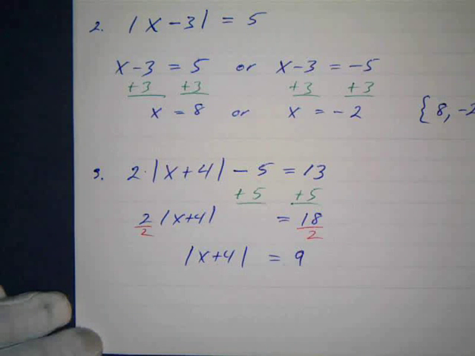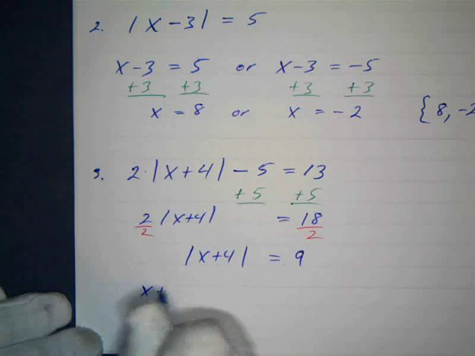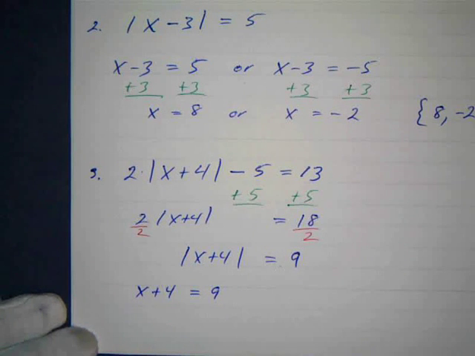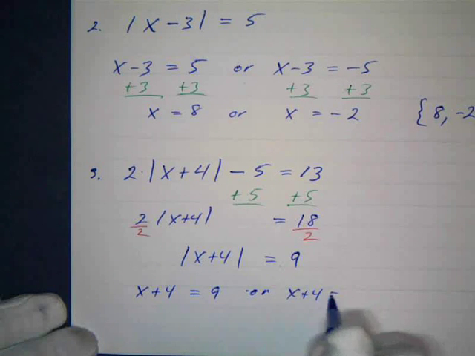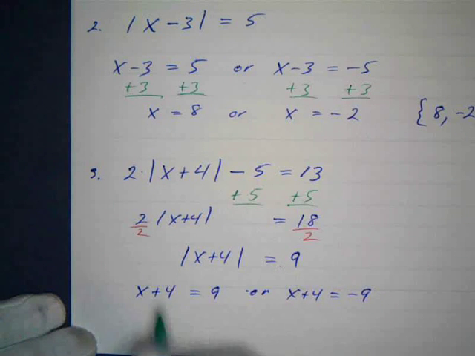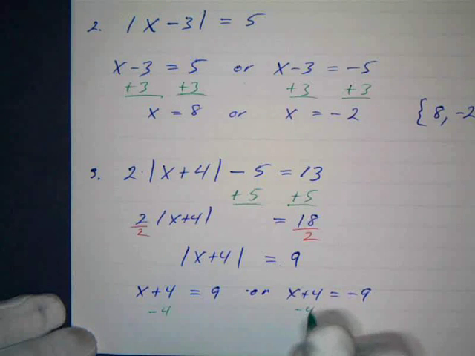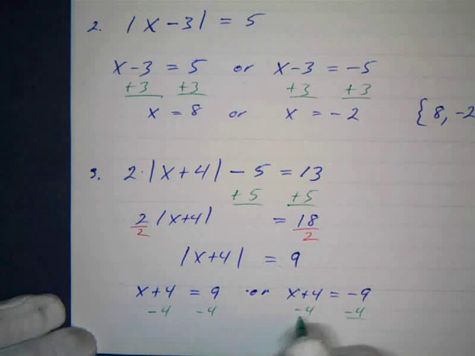Okay, then I know I have two possibilities. Either x plus 4 can equal 9, because the absolute value of 9 is 9, or x plus 4 can equal negative 9, because the absolute value of negative 9 is also 9. And again, we'll just subtract 4 from both sides of both equations.